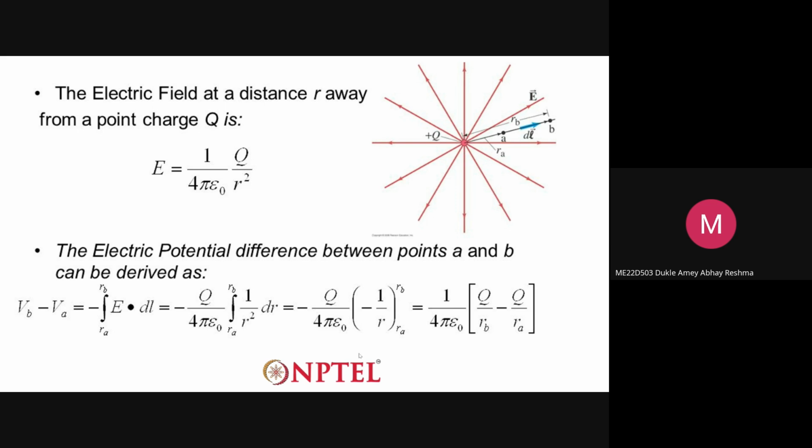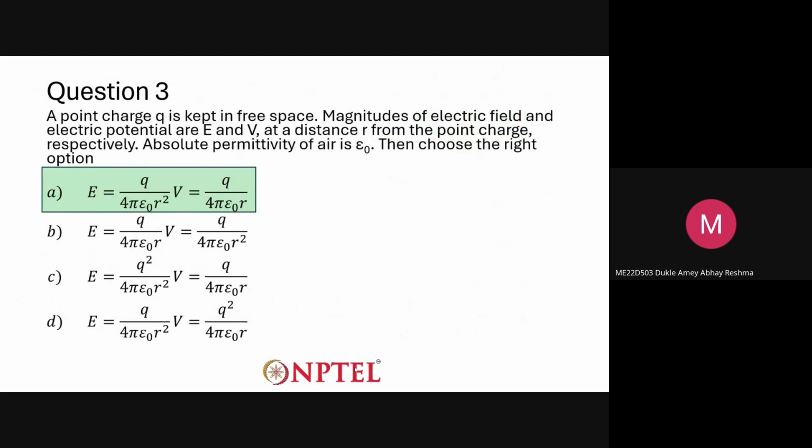What you get is 1 by 4 pi epsilon naught, Q upon RB minus Q upon RA. So this is the answer: E is Q upon 4 pi epsilon naught r square.